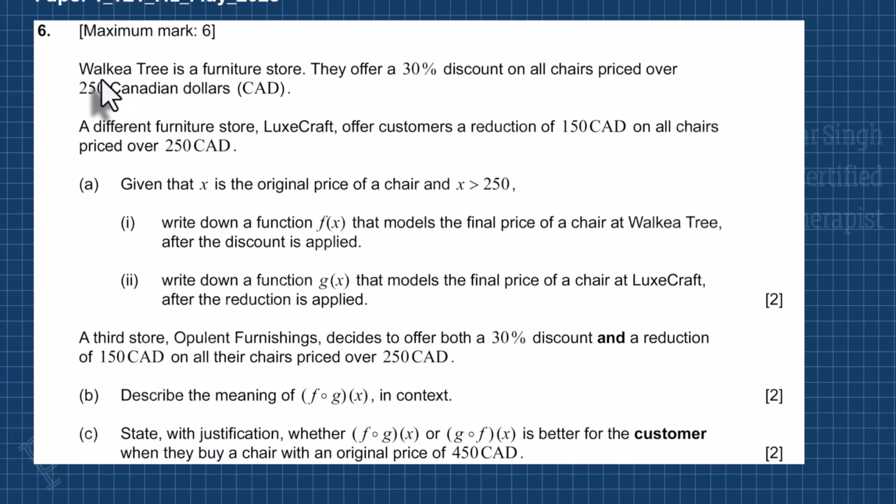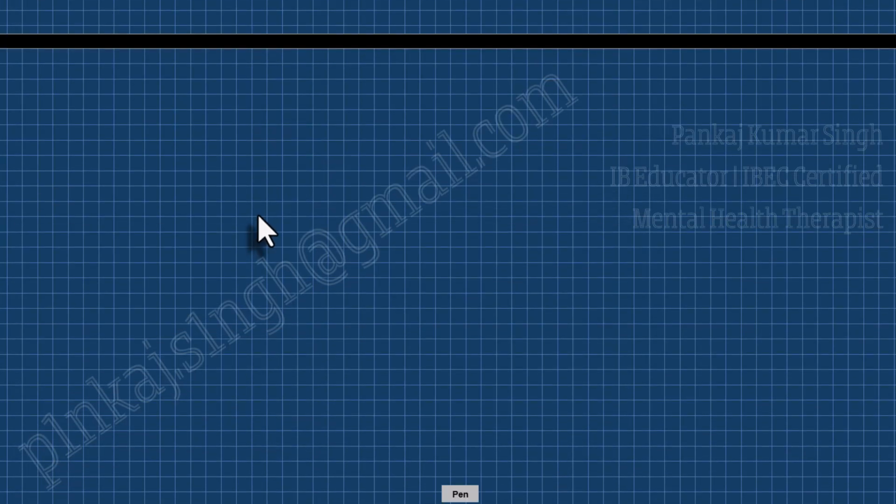So the first store, Wakia, is providing a 30% discount on all chairs, and the original price is x. I can write the discount as 30% of x.